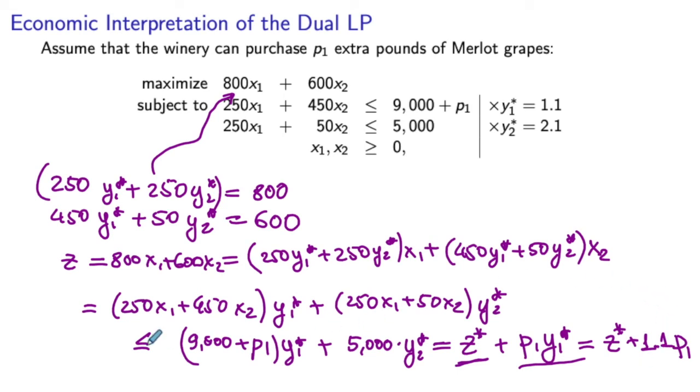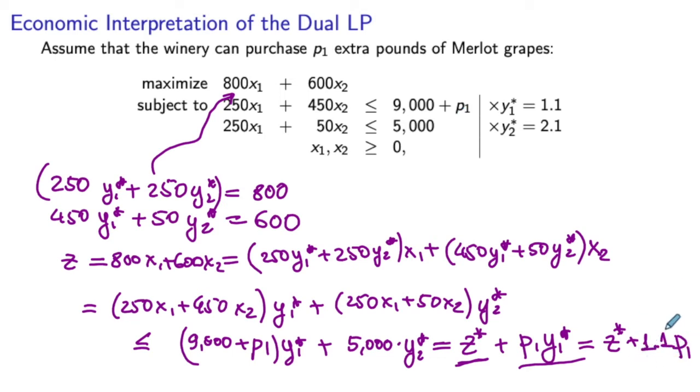Because say if I had the equality here instead of the inequality, and I added an extra pound of the Merlot grape, then my profit would change from Z star to Z star plus $1.10. Meaning that if I paid my regular amount for this additional unit of my resource, then still I made $1.10 extra in profit.